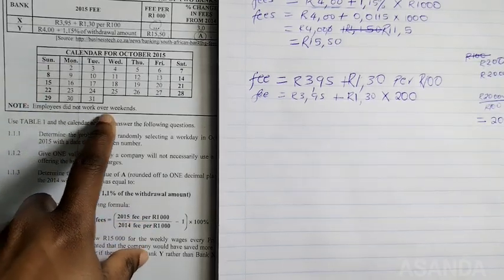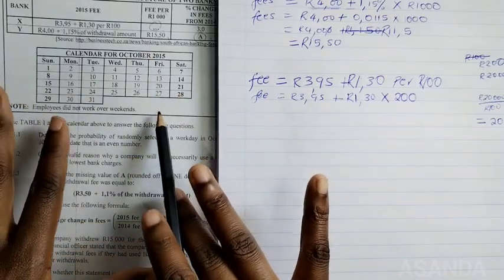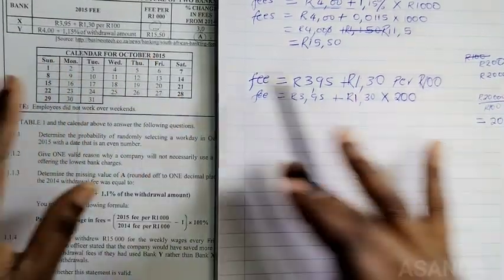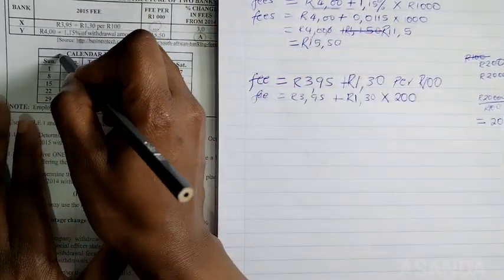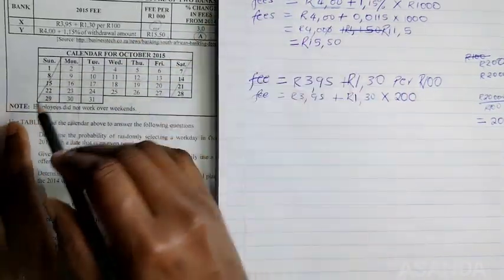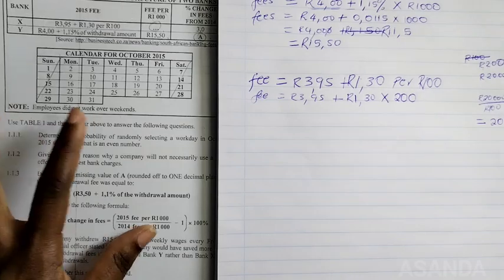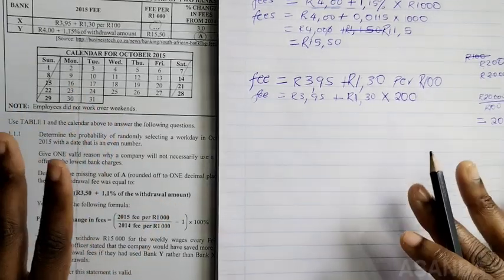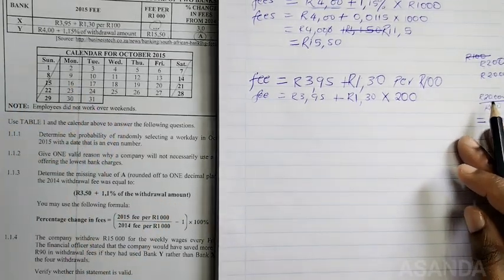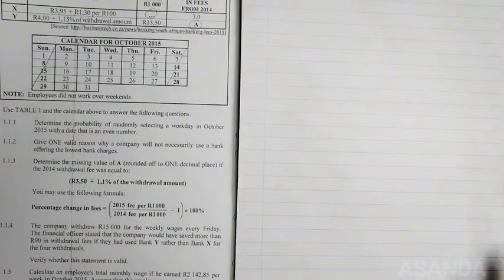Employees did not work over weekends. So even though we have this calendar for 2015 and maybe in October employees were working, they don't work on Sunday, and they also don't work on Saturday. Weekend is Saturday and Sunday. You can't count Friday, no matter how much we want to. Friday is a weekday.